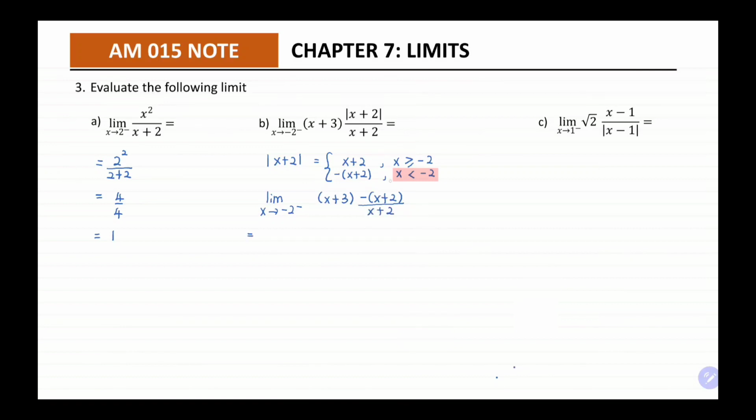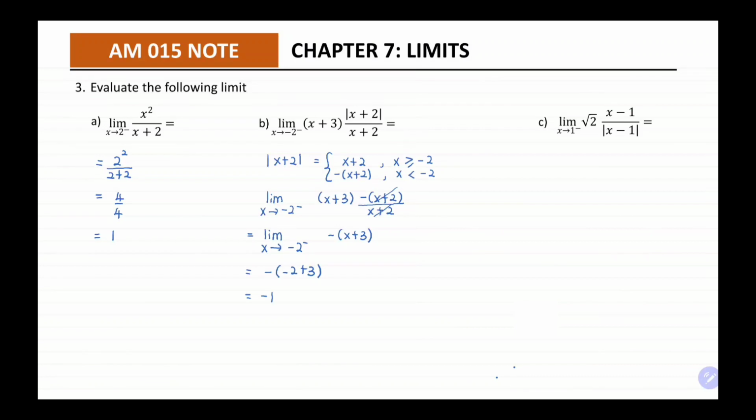Okay, x plus 2 is the same as x plus 2, so we cancel out. So we get limit x approach negative 2 from left, negative x plus 3. Then we substitute x as negative 2, so negative 2 plus 3. Then we get the answer negative 1.